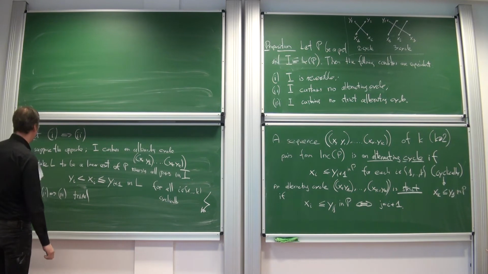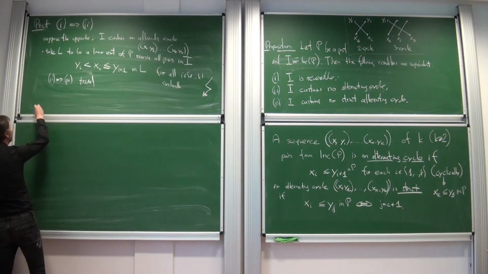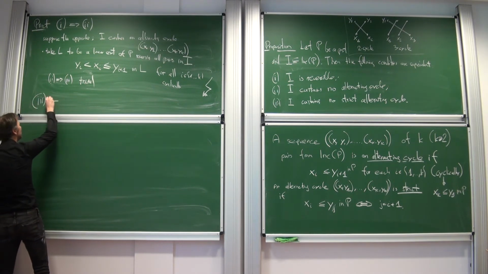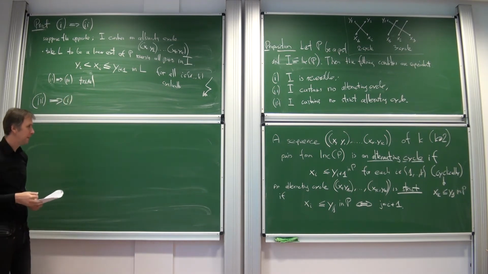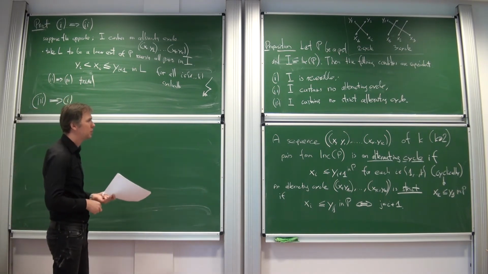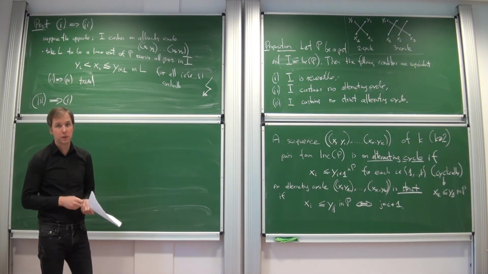Okay, so all the work now is to see that 3 implies 1. So we have a set of incomparable pairs that does not contain a strict alternating cycle, and we want to show that it can be reversed.